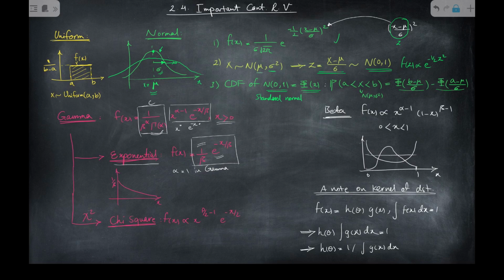So if you set the value of x to 0, you get 1 over beta, and that's your first point in the distribution. And then it decreases as you increase x. And remember that beta can only be positive. That's the case also for the gamma distribution. I forgot to mention that beta is positive. Also, alpha is positive.